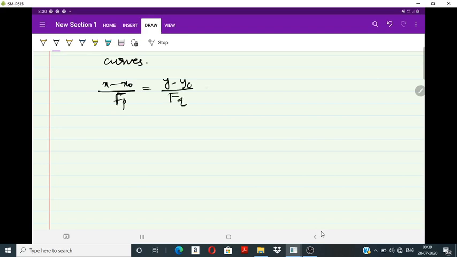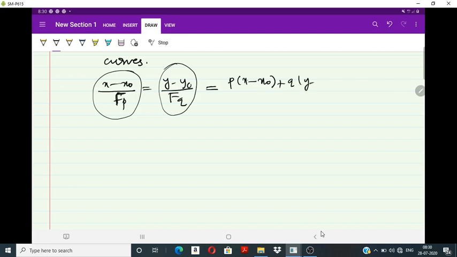Multiplying the first ratio by p, this becomes p into x minus x naught, and multiplying the second ratio by q, this becomes q into y minus y naught, and adding these two.